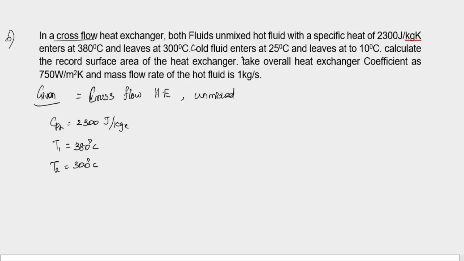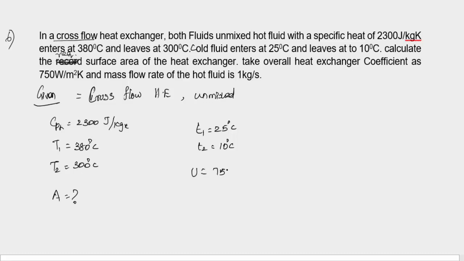Here the cold fluid enters at 25 degrees Celsius, so T1 equals 25 degrees Celsius, and leaves at 10 degrees Celsius, T2 equals 10 degrees Celsius. Calculate the required surface area of the heat exchanger. Take the overall heat transfer coefficient as 750.